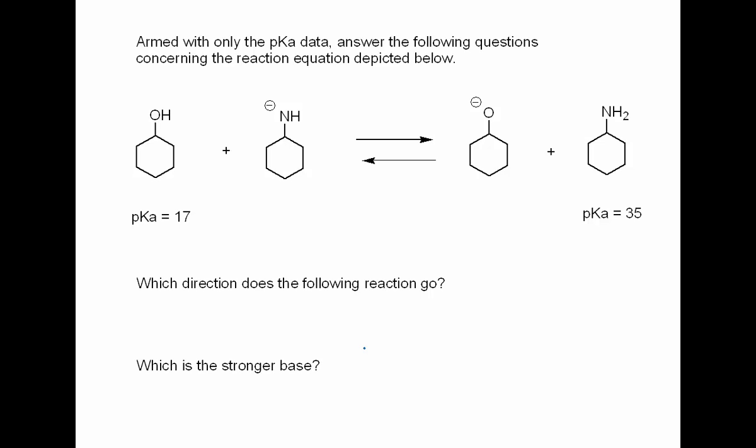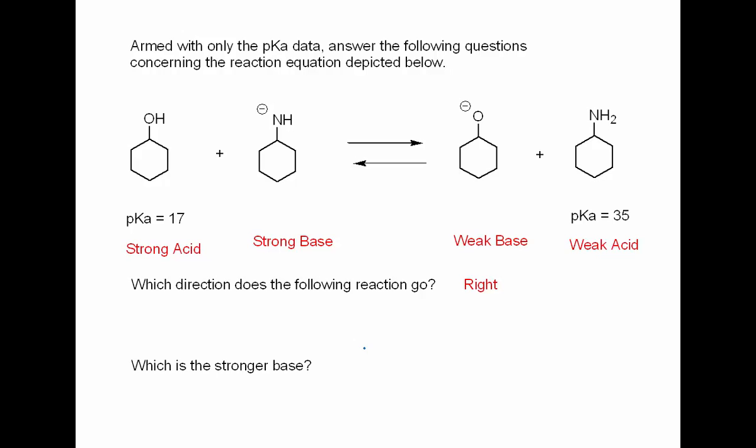We have a pKa of 17 and a pKa of 35. You may never have seen these, so you wouldn't know which was the stronger acid or stronger base, except for the fact that the pKa value was given. So a higher pKa means the weaker acid. We would see the weak acid would be on the right.